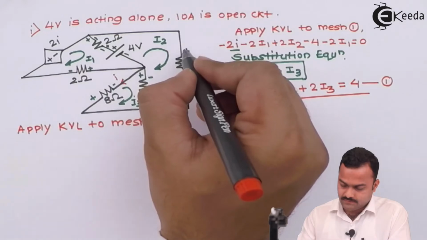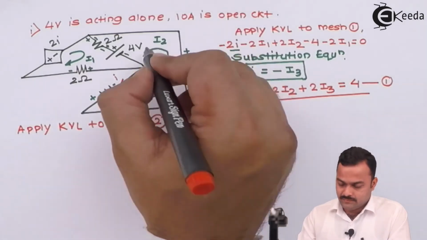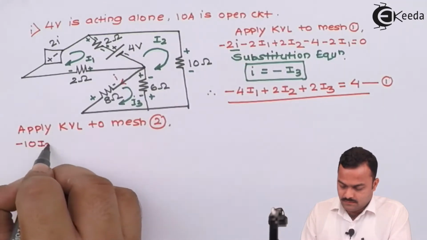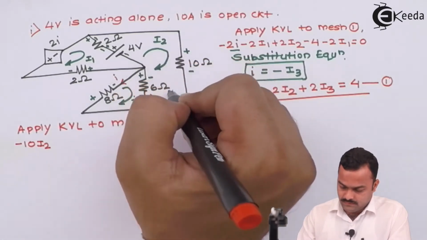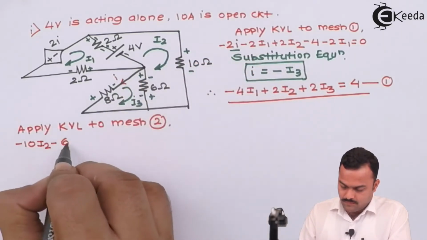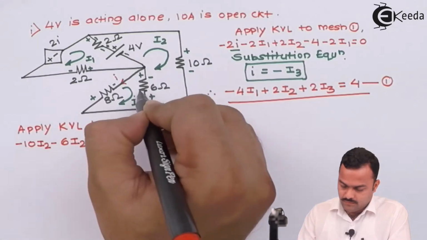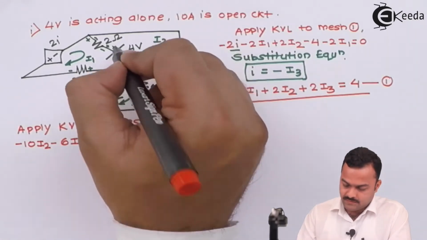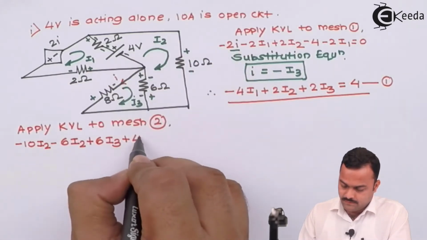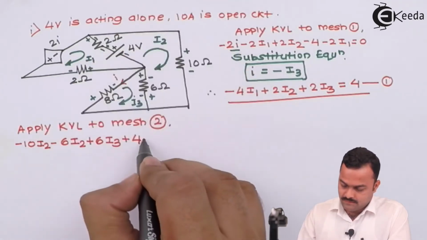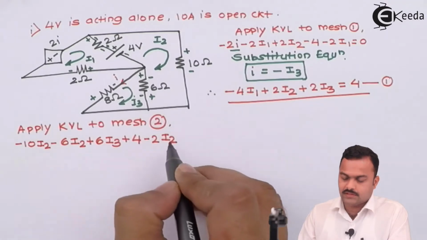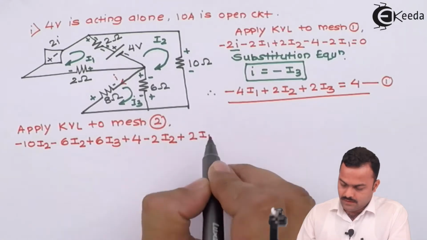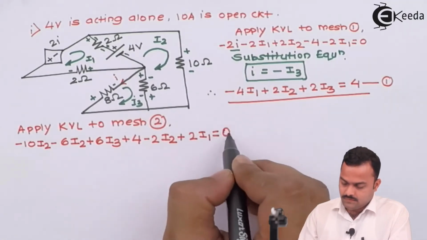Let's start from this resistor: minus 10I2, minus 6I2, plus 6I3, plus 4, minus 2I2 because of the current I2, plus 2I1, equal to 0.